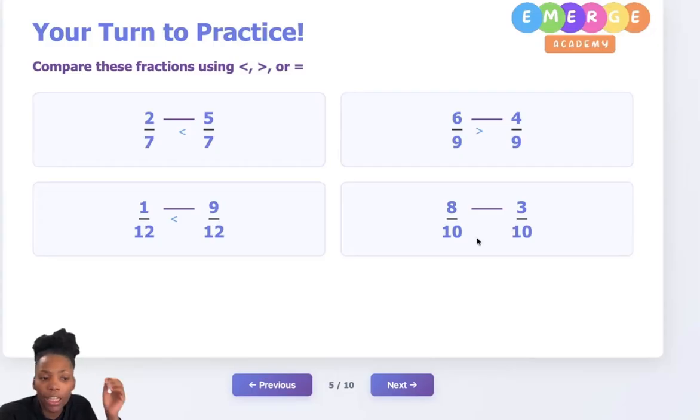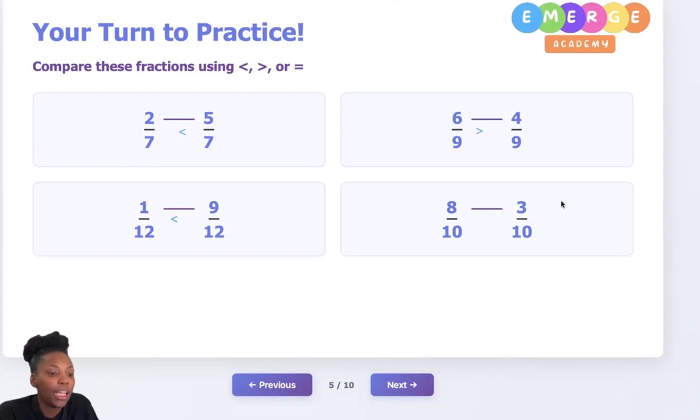And finally, we have 8/10 compared to 3/10. Now, let's see. Our denominators are the same, so we're going to look at our numerator. Is 8 greater than, less than, or equal to 3?